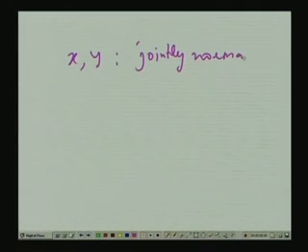So, that works for Gaussian random variables. Suppose they are jointly Gaussian, or sometimes we call jointly normal. Then we know what the probability density is.